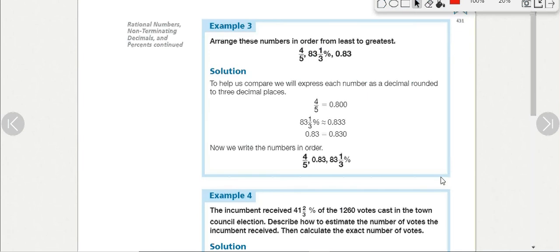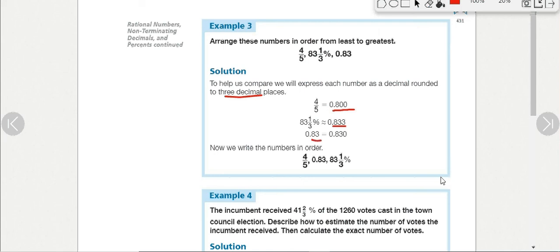Arrange numbers from least to greatest. Just make them all in the same form. That's going to be the easiest way to do things, whether that's fractions or decimals. In this case, I think they use decimals, rounded to the same number of decimal places, 3. 4/5 is the same as 800 or 8/10. 83 1/3%: if you divide that 83 1/3 by 100% and then turn it into a fraction, then turn it into a decimal, put it to 3 places, you get 833 thousandths.